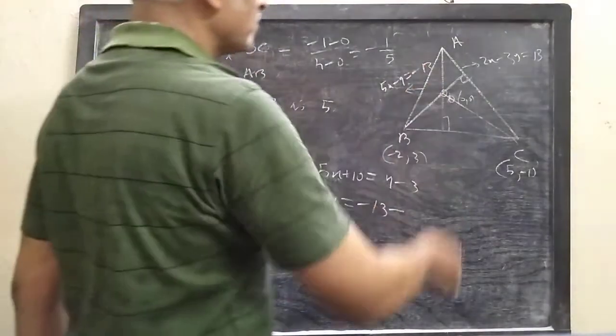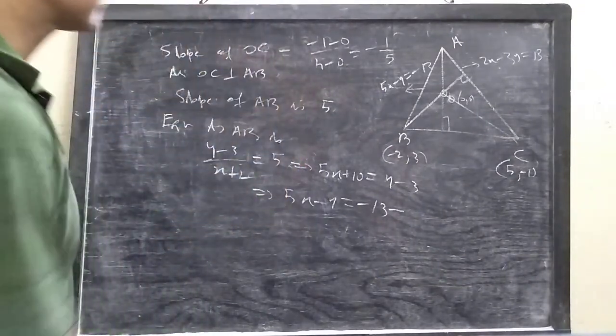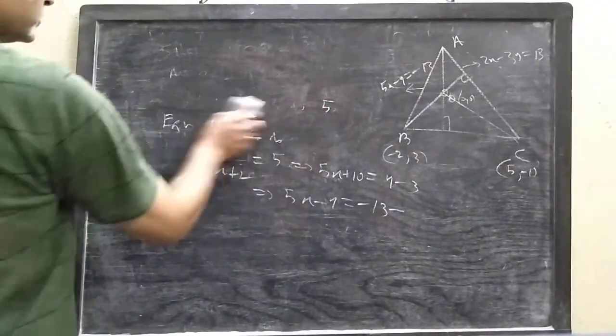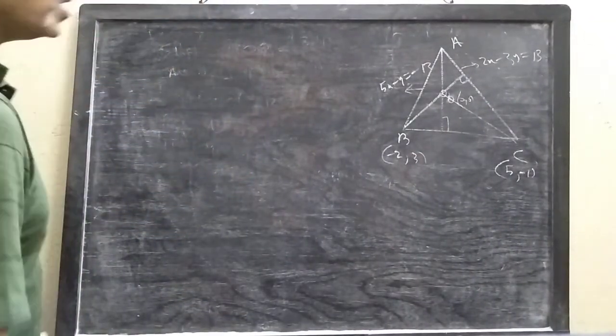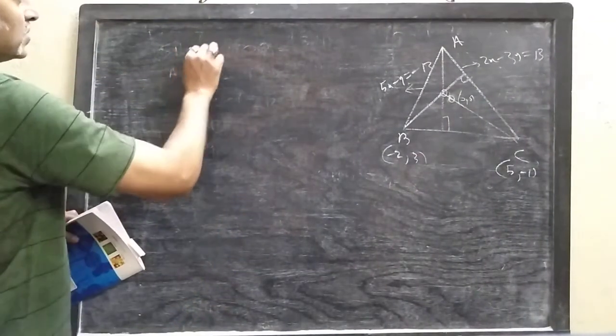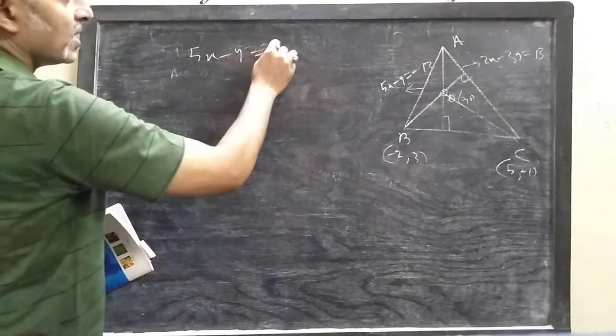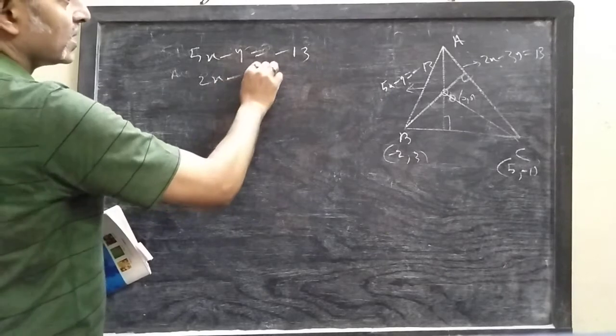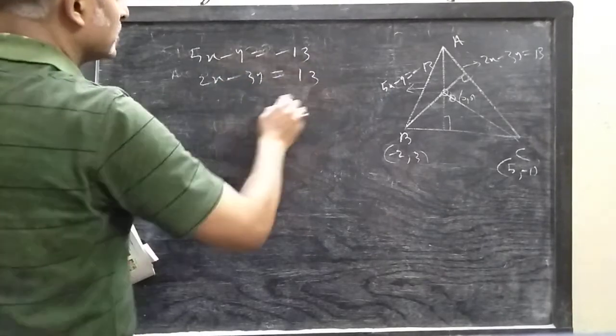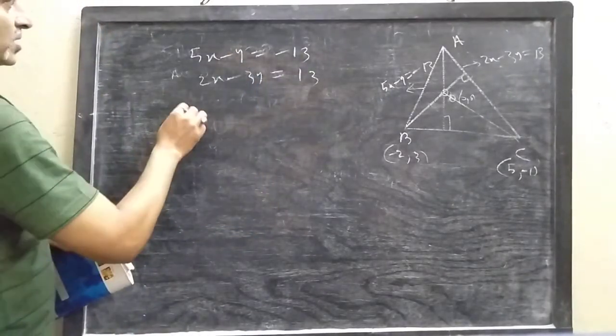Now solving these two equations, we can find it. We have the equation to AB as 5x minus y equals minus 13, and this is 2x minus 3y equals 13. So multiply the first by 3.